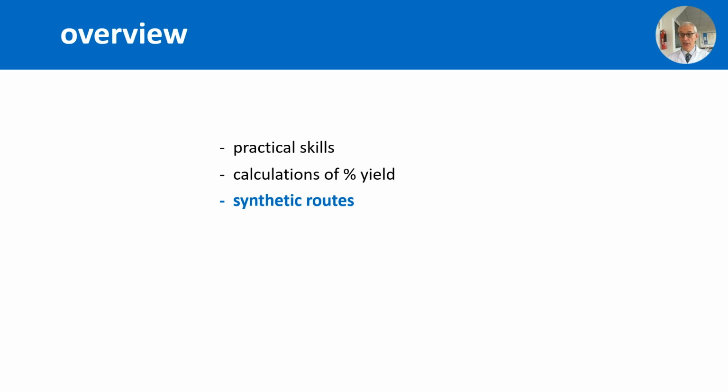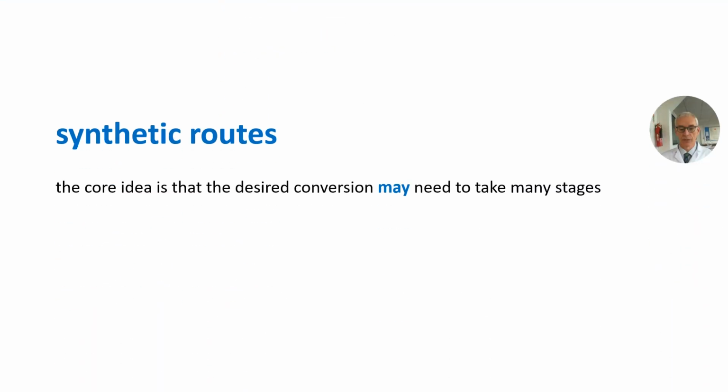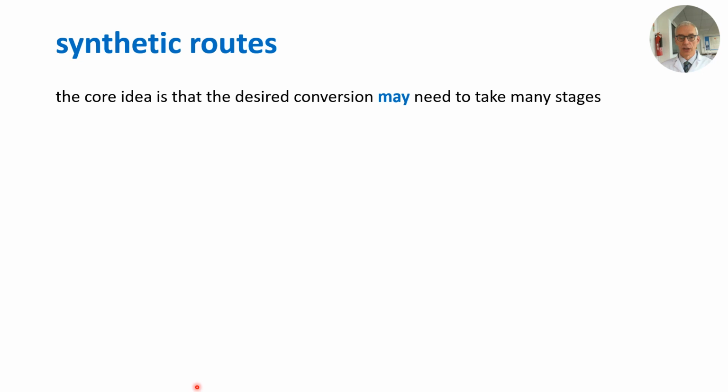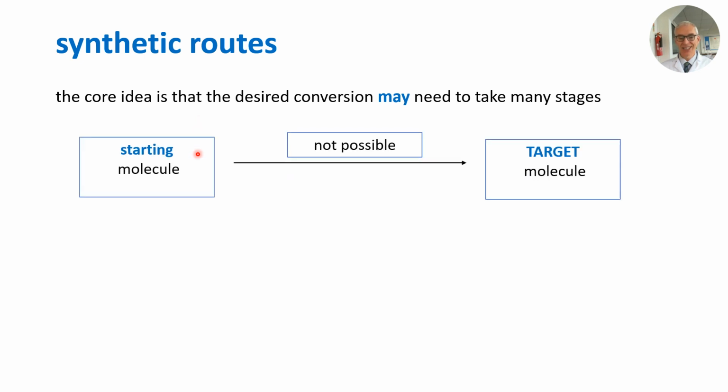To finish this lesson, a short introduction to the concept of synthetic routes. So the core idea is that any desired conversion may need to take many stages. That is, starting from a particular molecule and aiming to achieve what's called the target molecule, there is no one-step reaction that is possible.